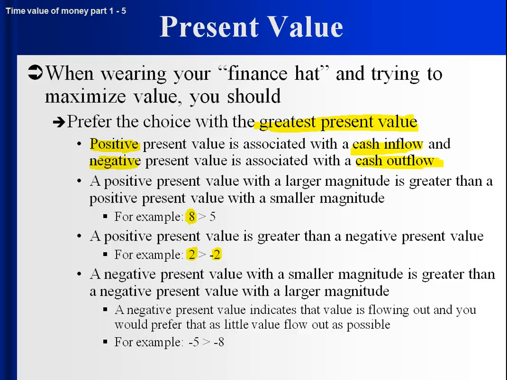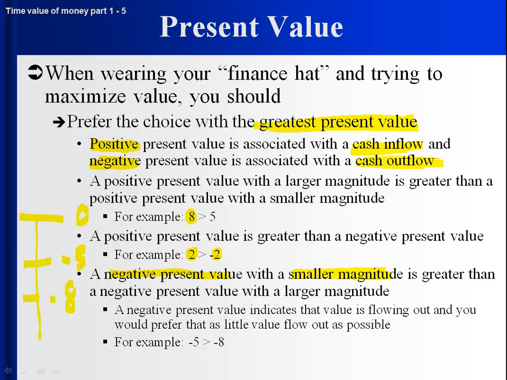And finally, this is the one that can be the most challenging, and if you understand it, it takes it away, is when you're dealing with negative present value, which is comparable to paying out money, you want the one with the smaller magnitude. So again, if you draw a number line, you got 0 up here, you'd have -5 here and -8 here.